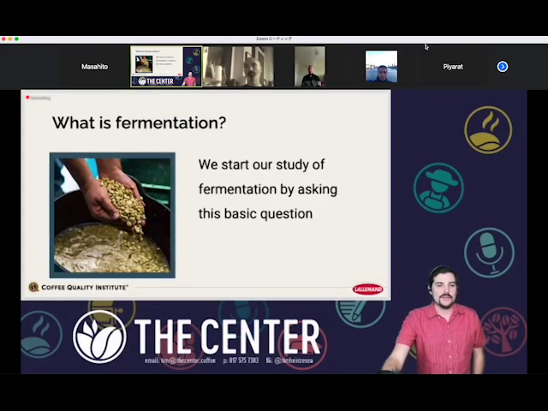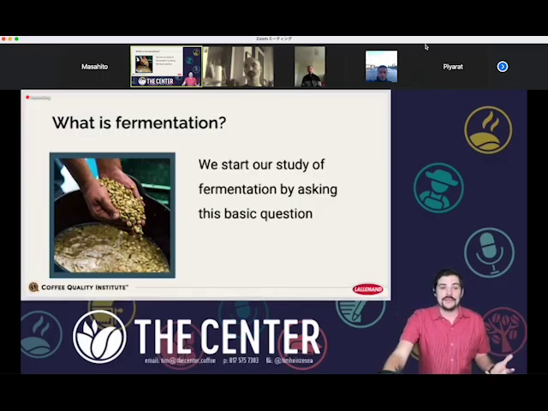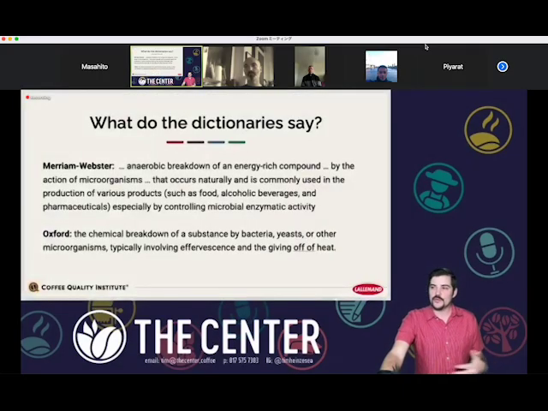So we're going to begin again by talking about what is fermentation. And what I'd like to do is start off by looking at some dictionaries and textbooks. Let's see what is out there in terms of basic definitions that we can go off about what fermentation is. All right. So if we look at old Merriam-Webster, the dictionary, we look at how they define what fermentation is.